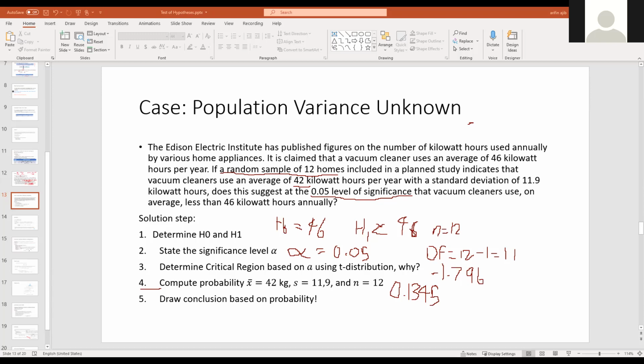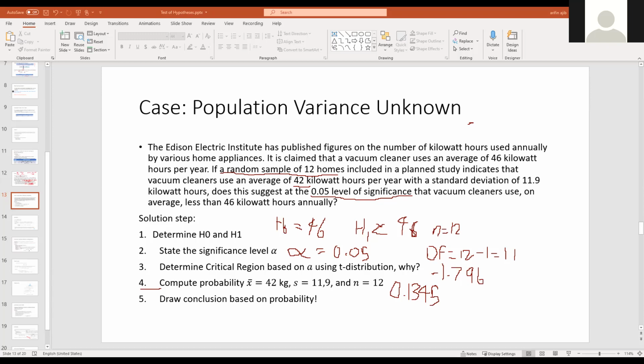It's failed to reject H0 is what I meant. Oh yeah, the test statistic, sorry. I forgot to explain about this.